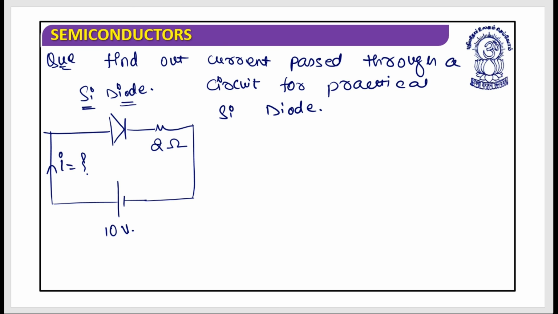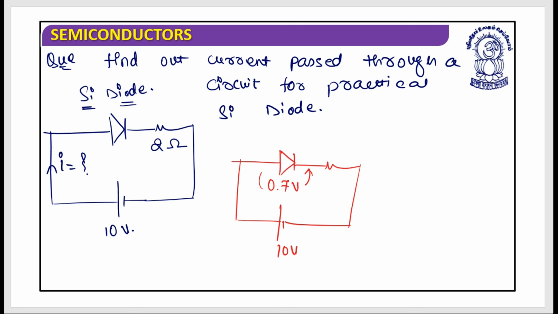So you want the current through the circuit, as well as they mention it is a silicon diode. When they mention it's a silicon diode or a germanium diode, indirectly they say that you need to consider the knee voltage. When you need to consider the knee voltage, within this 10 volt, the first 0.7 volt would be the knee voltage.